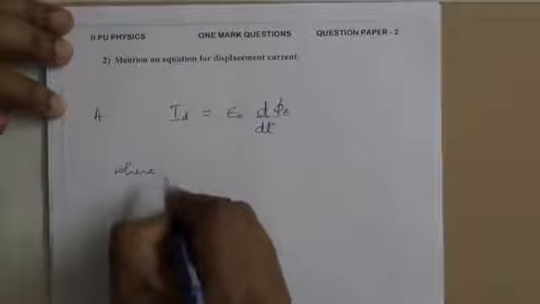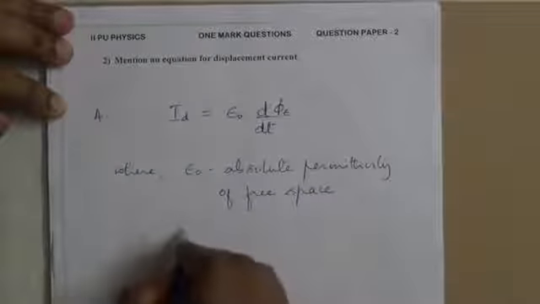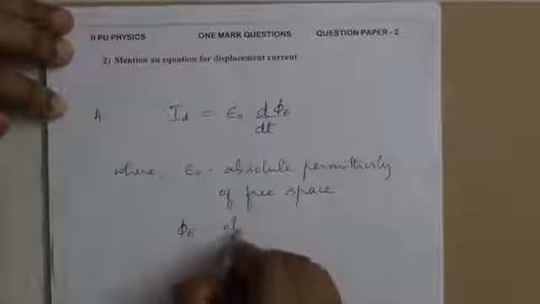Mention an expression for displacement current, equation for displacement current. Answer: ID, displacement current, equals epsilon naught d by dt of phi e, where epsilon naught is the absolute permittivity of free space, and phi e is electric flux.